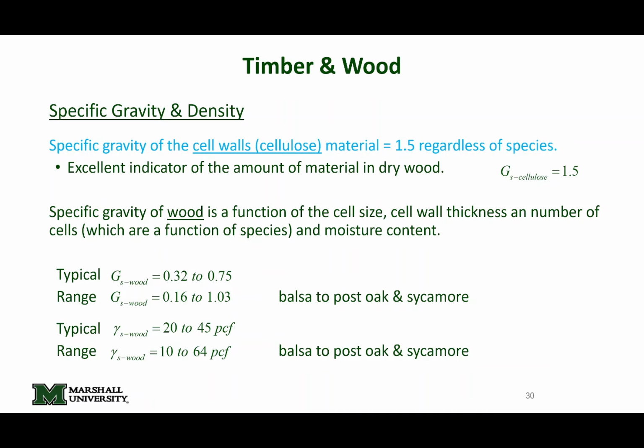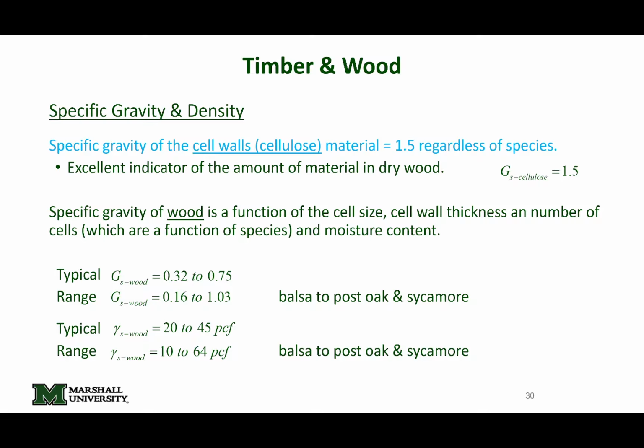But what's happening from species to species is the following. First off, the wood is basically a combination of cellulose, water, and air, essentially. And the actual fibrous material, the cellulose that makes up the wood, has a consistent specific gravity of 1.5. So the actual material is heavier than water.